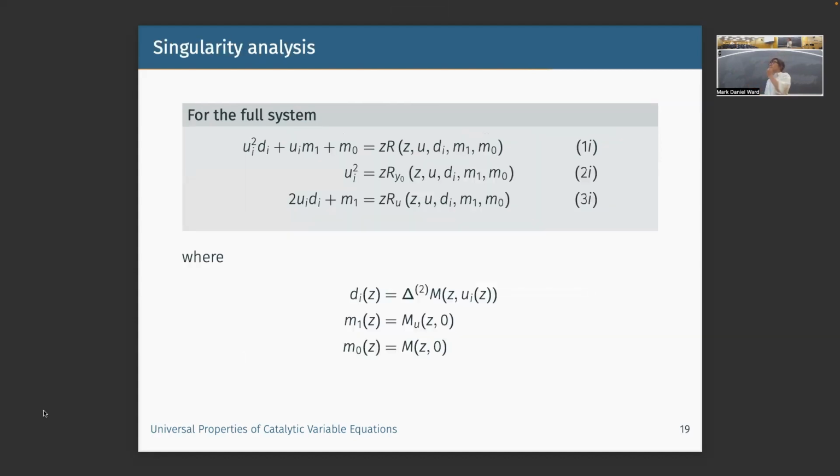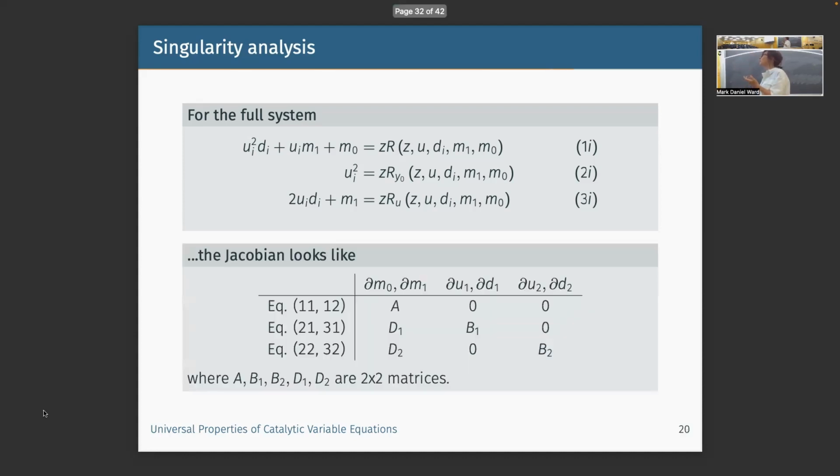Okay, as I already mentioned, we're going to evaluate delta M_z,u along these two solutions, plug these into our 3 equations, and we end up with 6 equations. Now to find the singularity, again, we would look at the partial derivative of the single equation, but now we look at the Jacobian of the system, and the determinant of the Jacobian has to be 0.